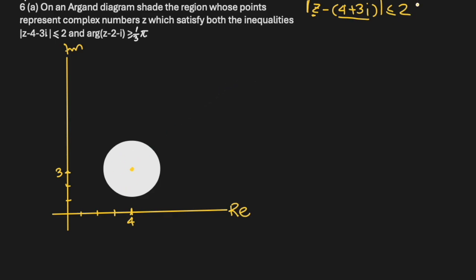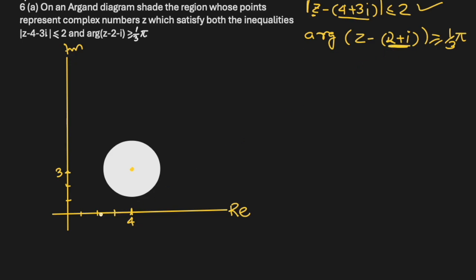So this is done. Second, argument, this time not the modulus, argument of z minus (2 plus i). Again, I have separated the z from the remaining part, and it has to be more than or equal to 1 over 3 pi. So our reference is 2 plus i now.